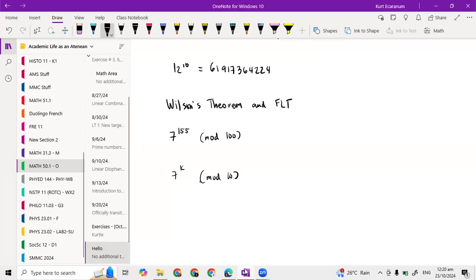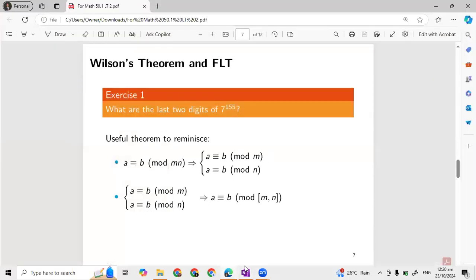So let's go back here. So these are two useful theorems to reminisce na we can split something that's modulo mn to modulos m and n.